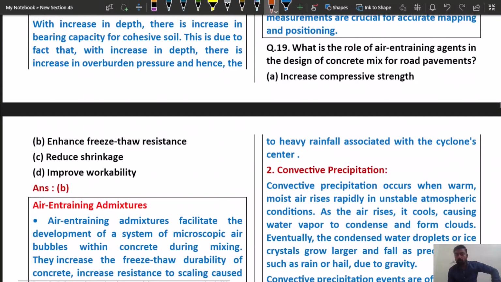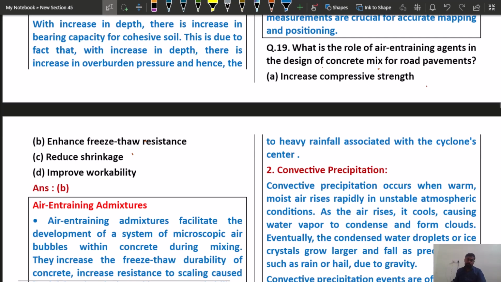What is the role of an air entraining agent in the design of a concrete mix for road pavements? This question is asking what the effect of air entraining agents will be in the design of a concrete mix for road pavement. Options are: increase compressive strength, enhance freeze-thaw resistance, reduce shrinkage, improve workability.